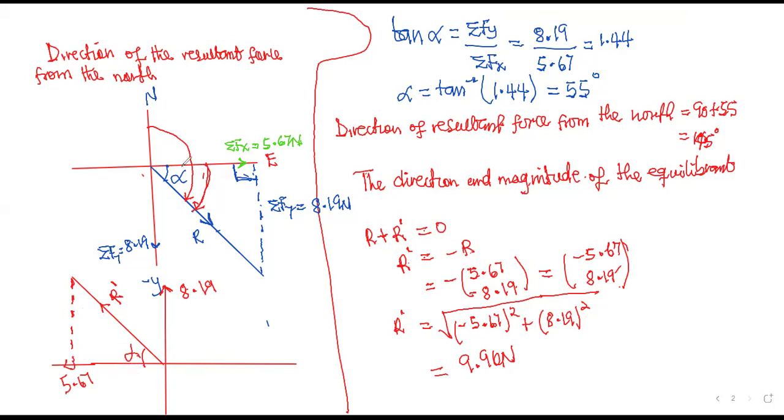And so when you find this angle, this angle must also be 55. Let's check it and see. Tan of alpha: the opposite is 8.19, adjacent is 5.67.